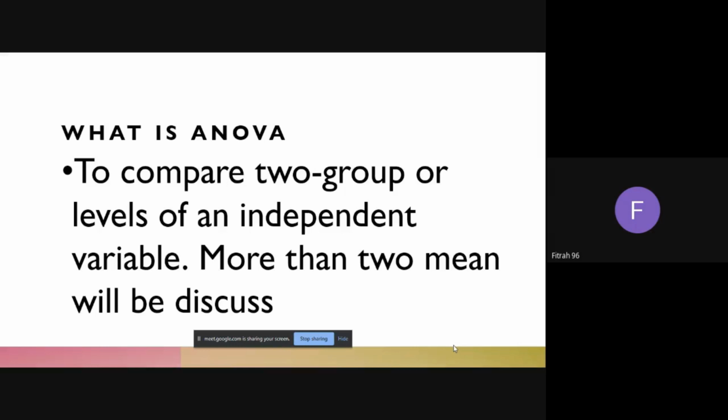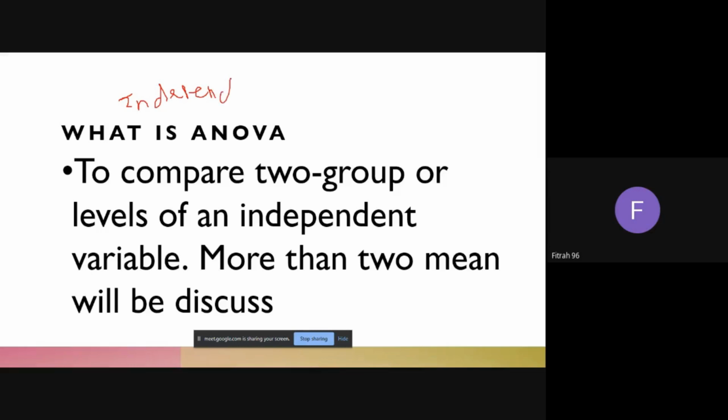Anova with pair and independent t-test is that if dalam independent, okay, you ada only one mean or two mean differences.